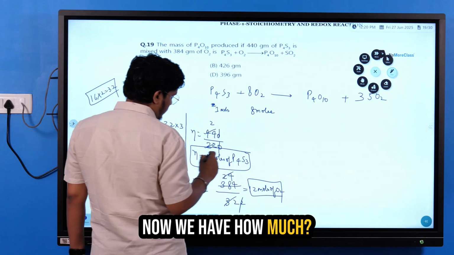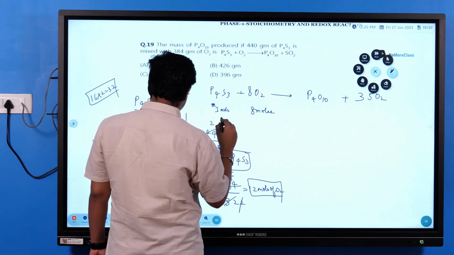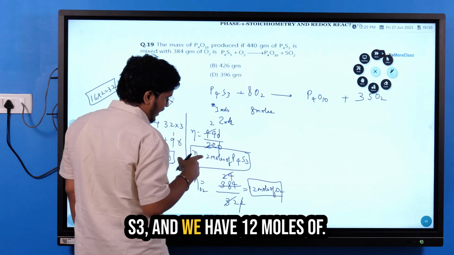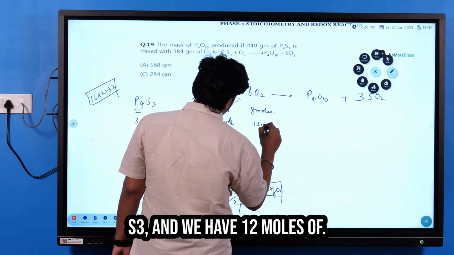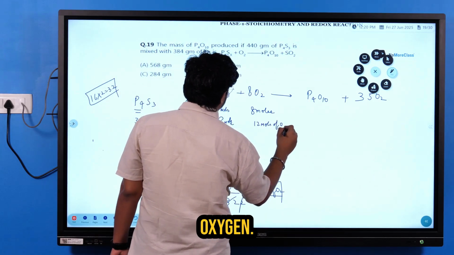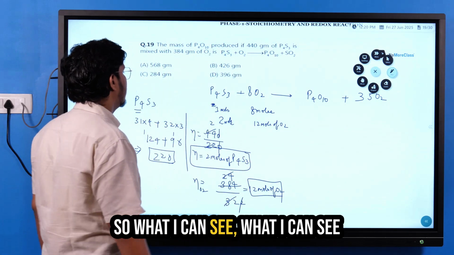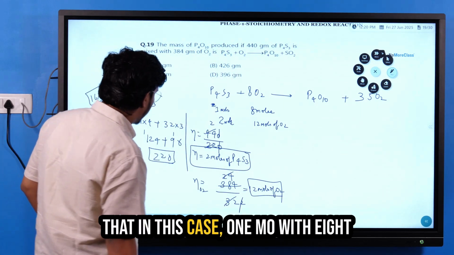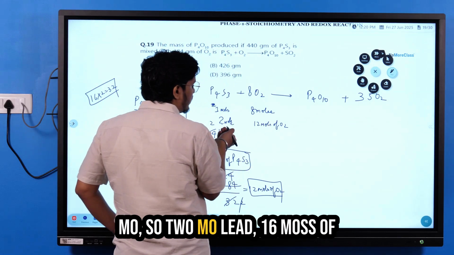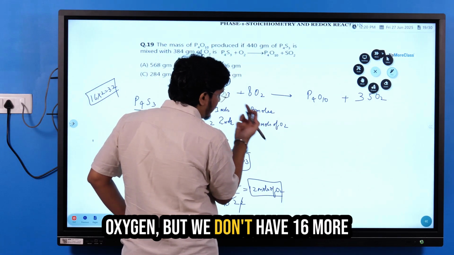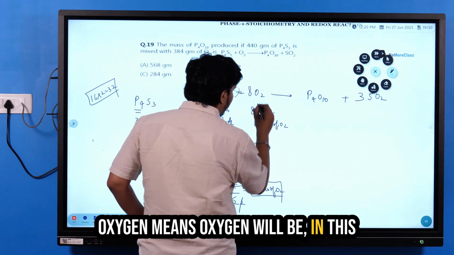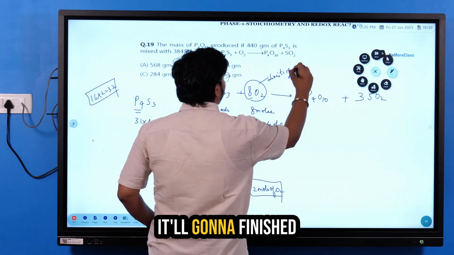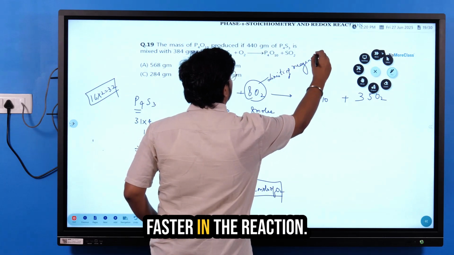Now, we have 2 moles of P₄S₃ and 12 moles of oxygen. In this case, 1 mole needs 8 moles, so 2 moles need 16 moles of oxygen, but we don't have 16 moles of oxygen. Means oxygen will be the limiting reagent, yes or no? It is going to finish faster in the reaction.